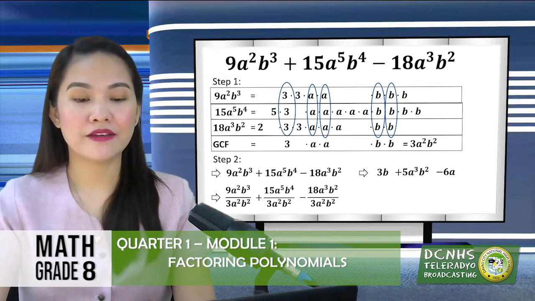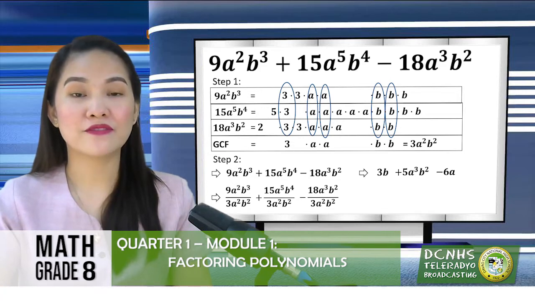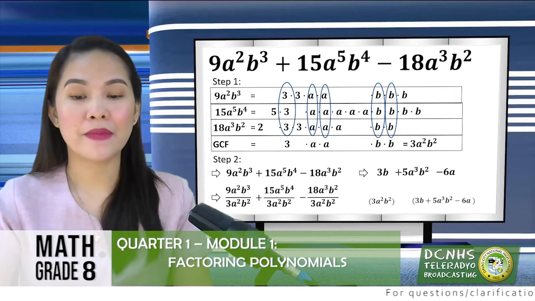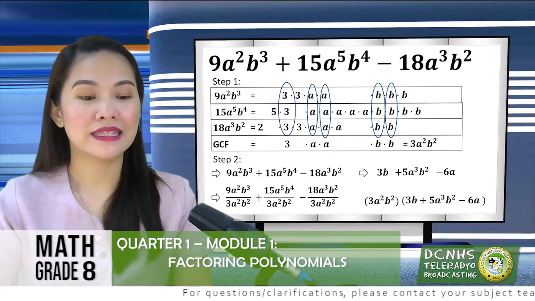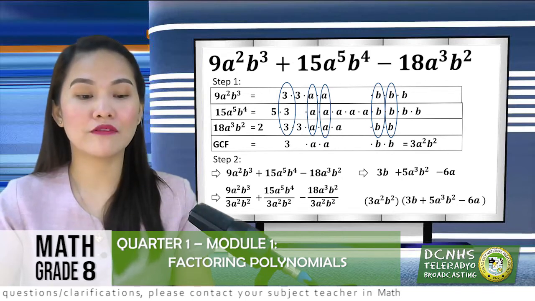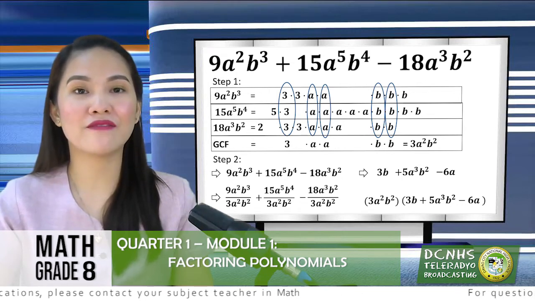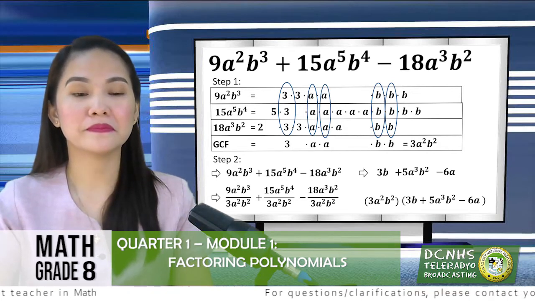Therefore, the factors of 9a squared b cubed plus 15a raised to 5b raised to 4 minus 18a cubed b squared are 3a squared b squared times the quantity of 3b plus 5a cubed b squared minus 6a.